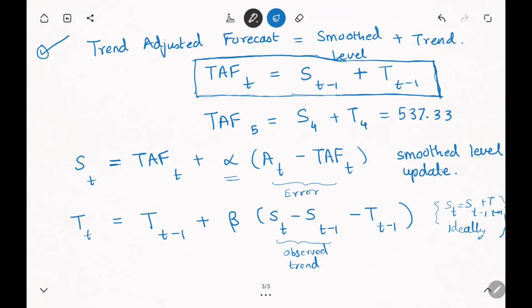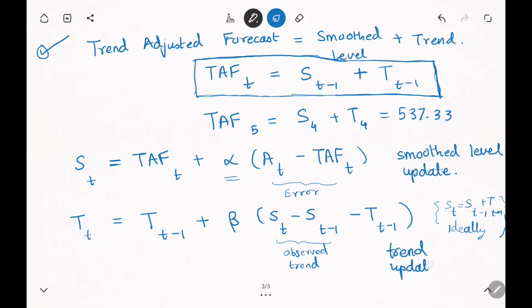Similarly, here we are taking a fraction beta of the actual trend, which is S of t minus S of t minus 1, minus the predicted trend, which is T of t minus 1. And then we add that to T of t minus 1. That is our prediction or update value for the trend. Okay, so thus we have the formulas for the trend adjusted forecast, the level update, and the trend update.